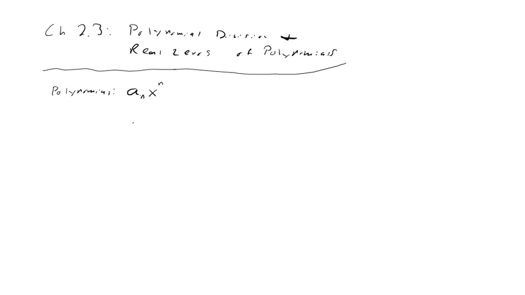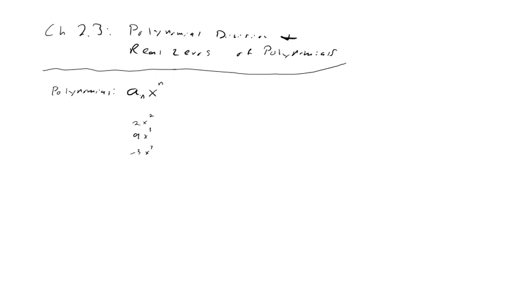This could be like 2x squared, or 9x cubed, or negative 3x to the 7th power, right? A polynomial is just equations that have coefficients and a variable and an exponent, like these.